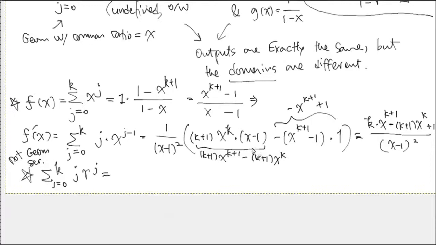It is this whole thing with r instead of x, and people have a tendency to write it like this: 1 over 1 minus r squared, writing 1 first, then k plus 1 times r to the k, plus k times r to the k plus 1. I didn't really multiply by negative 1, I just reordered it, because it's a square there, so the sign of the numerator stays the same. So that's the formula.